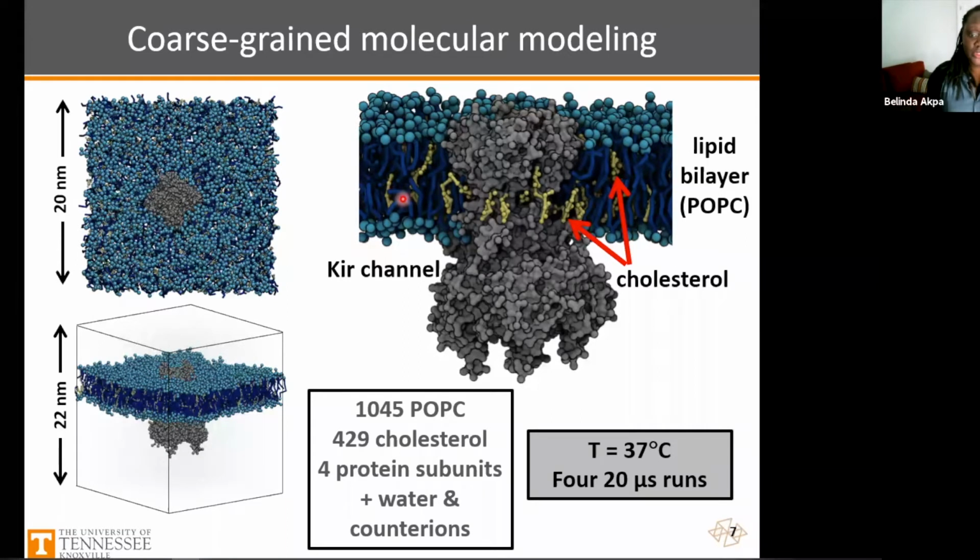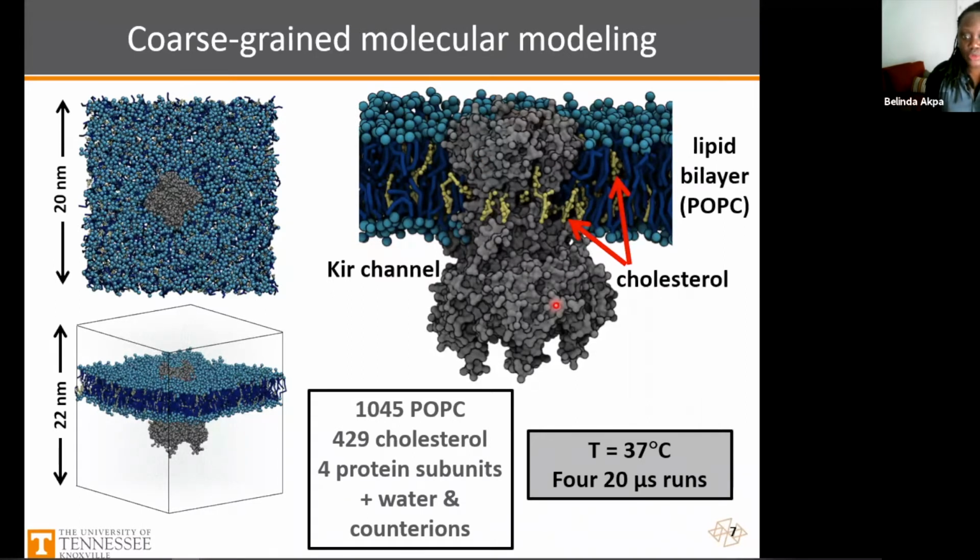Ideally, we want to be able to represent quite elevated concentrations of cholesterol in that system. And so we actually have here depicted, I believe, the 30 mole percent cholesterol simulation. So that's 429 cholesterol molecules in a milieu that has over 1,000 lipid molecules, as well as the representation of our ion channel protein.